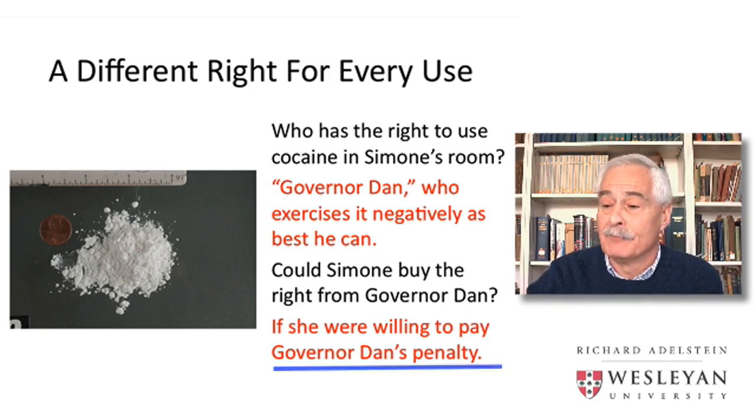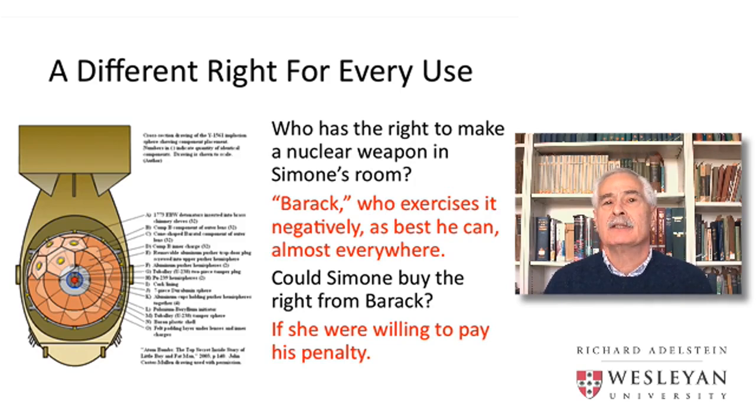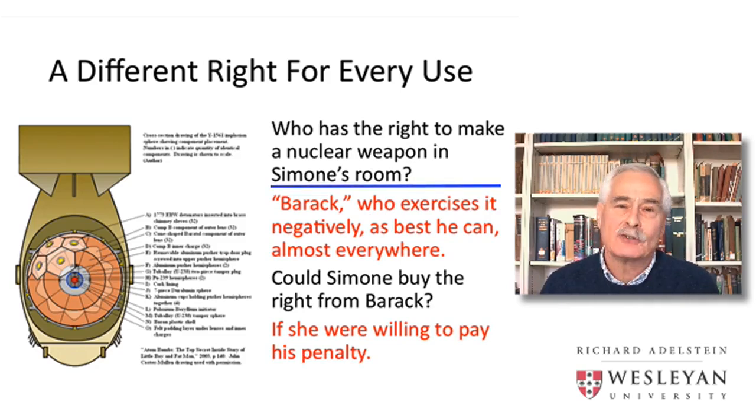Finally, we might ask, who has the right to make a nuclear weapon in Simone's room? Actually, as some students at Princeton have discovered, making a nuclear weapon is technically not all that difficult. You can make it with easily available components along with a small amount of weapons-grade plutonium.